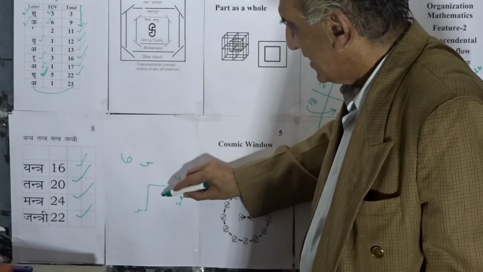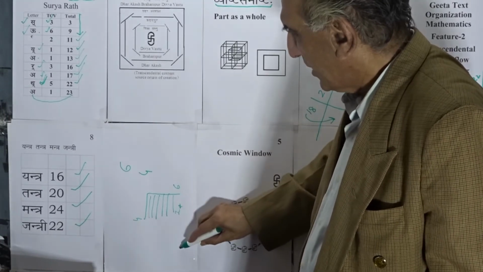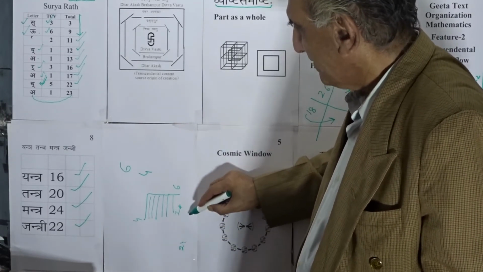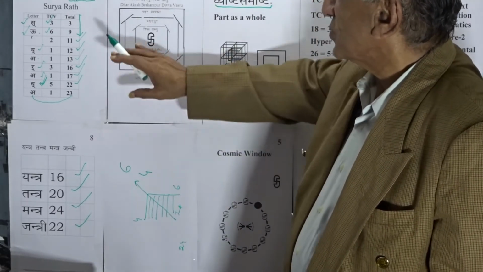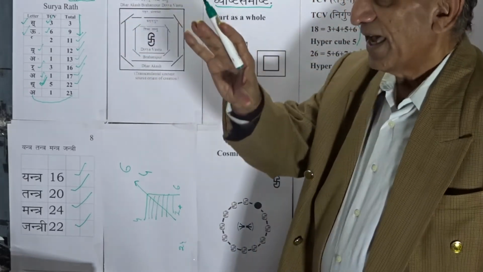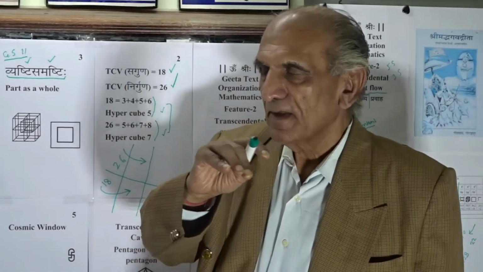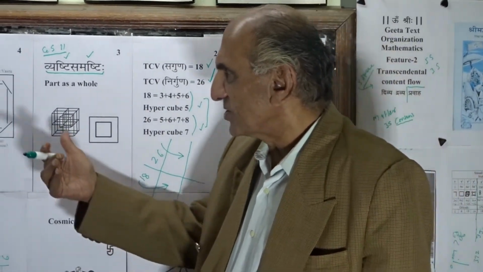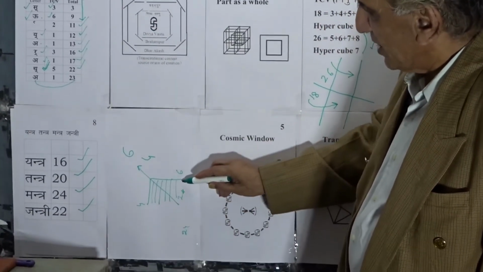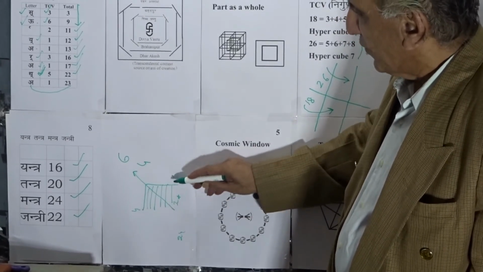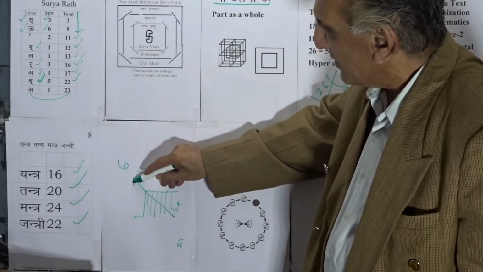And we know this grid 4 into 6 accommodates 24 double-digit letters of the 5-place value system. As such, Surya Rath as a chariot of the 6-space body would mean that its chase, its mathematics for its applied values, is going to be of the grid 4 into 6, and it would be the double-digit numbers of a 5-place value system.